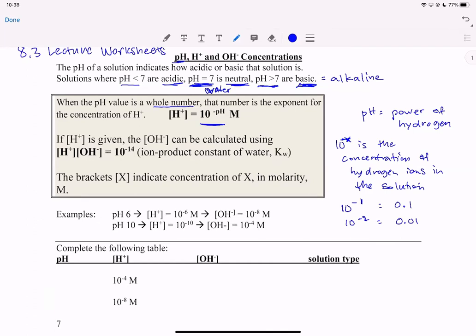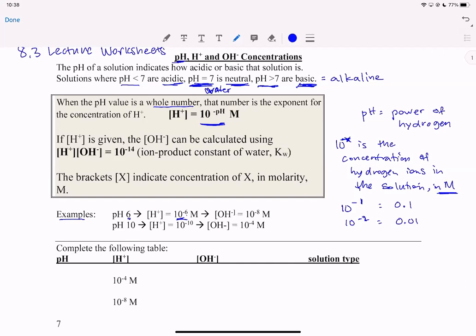Okay. And so this is the hydrogen when you have the pH value, that whole number value, like pH 6 in these examples down here, a pH 6 means that the 6 goes in here and it represents 10 to the minus 6, the concentration of the hydrogen ions. And that concentration is in molarity. That's that uppercase M. We've seen molarity before.